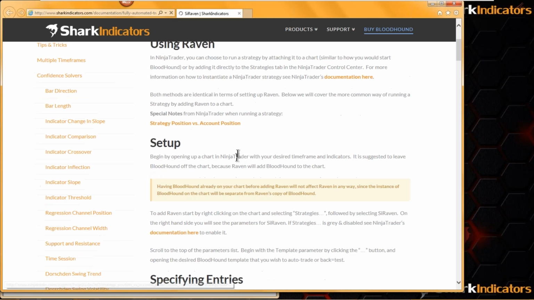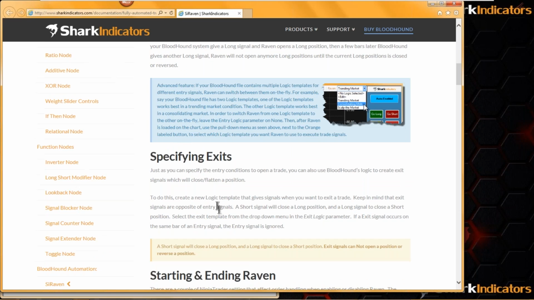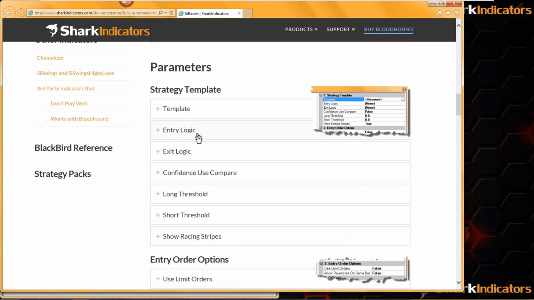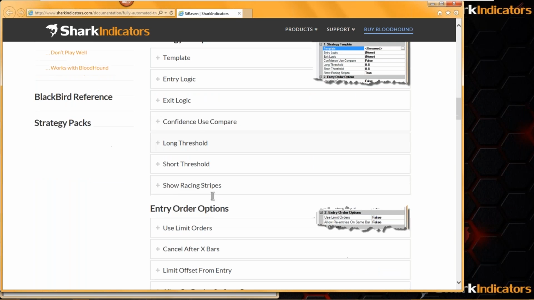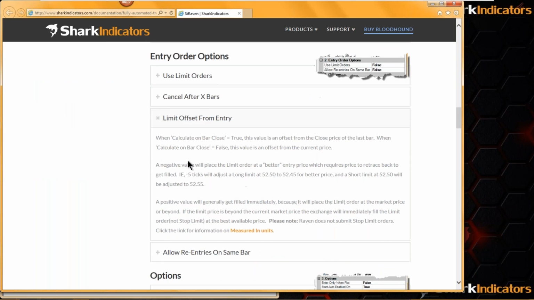So here we go, the documentation. We can scroll down and go through the parameters, and there we go: entry order options, use limit orders, and limit offset from entry. And so there's a written explanation of that for you.